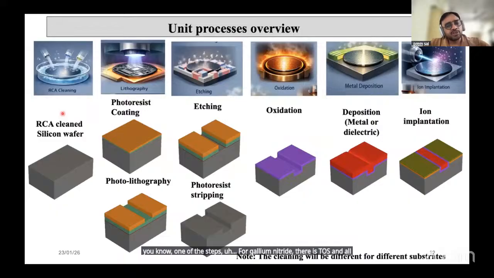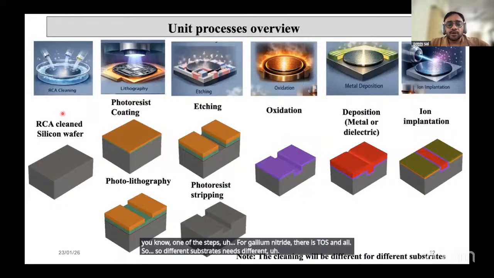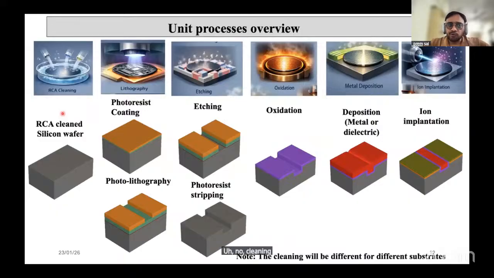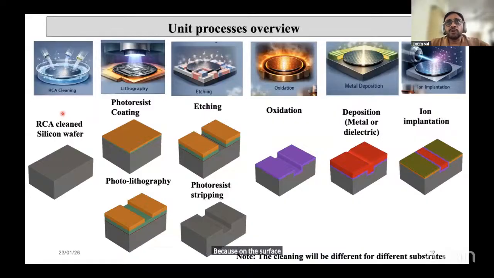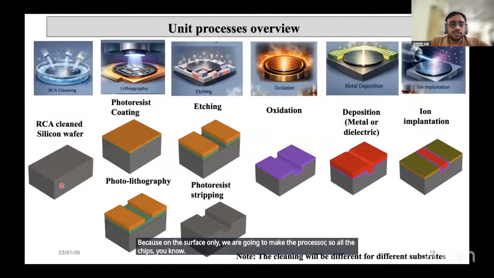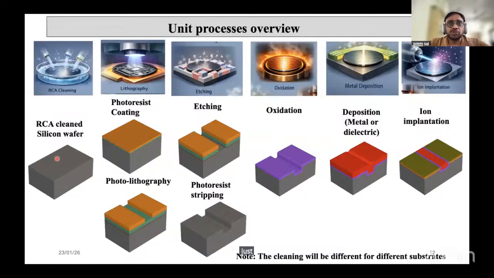So different substrates need different cleaning procedures. Here I will be focusing on silicon, because the surface is important: on the surface only we are going to make the processors and all the chips. So we need to make sure that it is ultra clean. That's what I want to say.